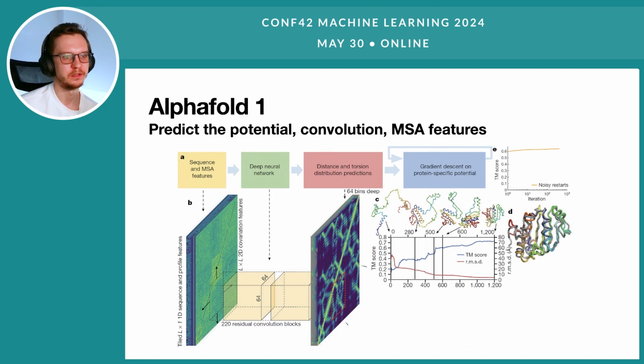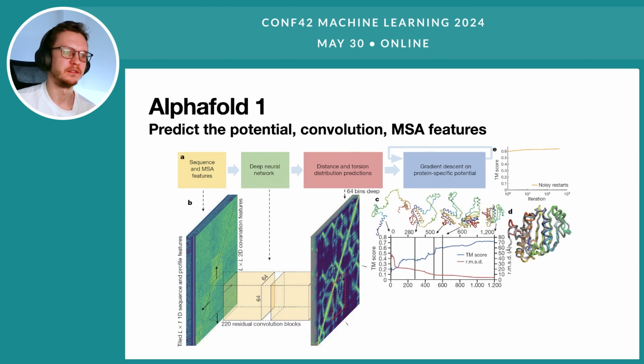What we can do is estimate that position likelihood using machine learning, and that is what a model called AlphaFold 1 tried to do. It tried to predict the likelihood of different positions for pairs of atoms.